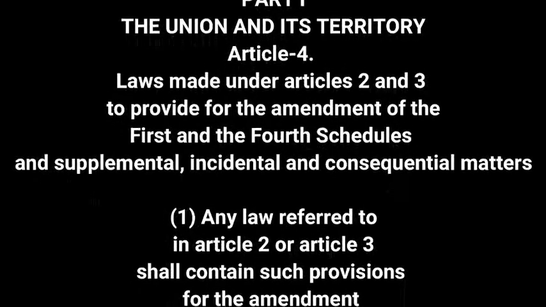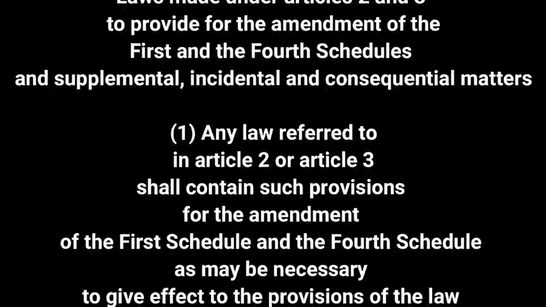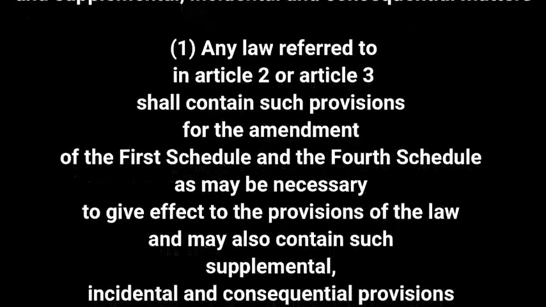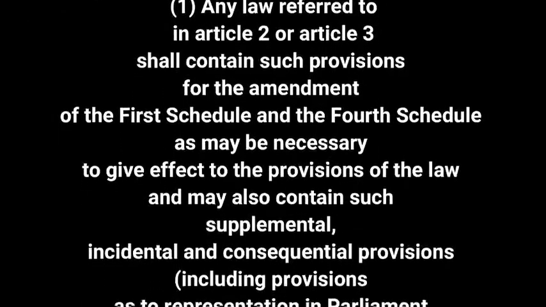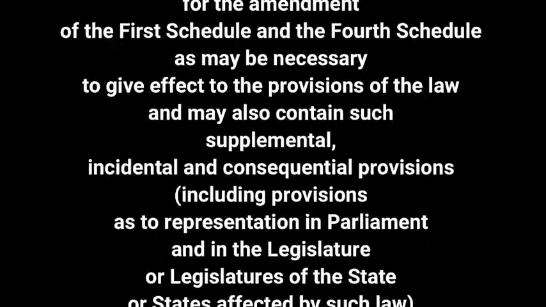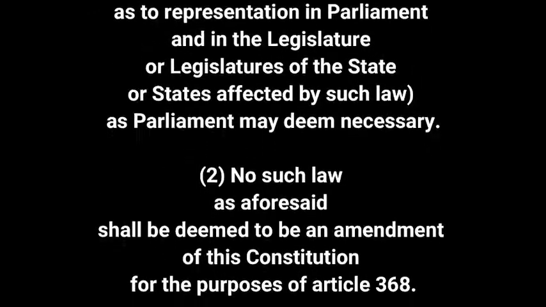Any law referred to in Article 2 or Article 3 shall contain such provisions for the amendment of the first schedule and the fourth schedule as may be necessary to give effect to the provisions of the law, and may also contain such supplemental, incidental and consequential provisions, including provisions as to representation in Parliament and in the legislature or legislatures of the state or states affected by such law, as Parliament may deem necessary.